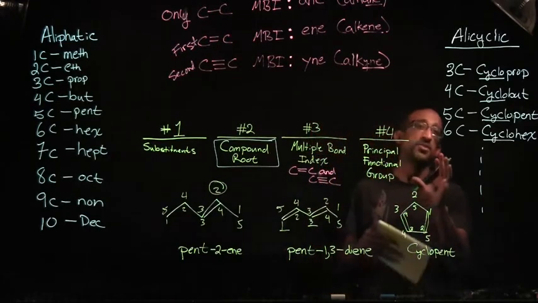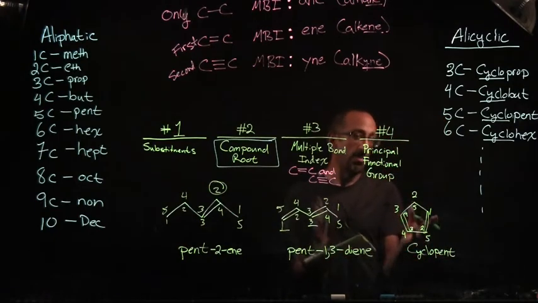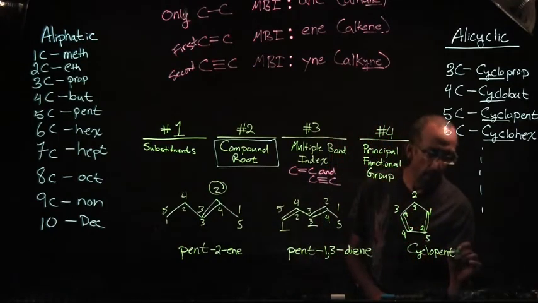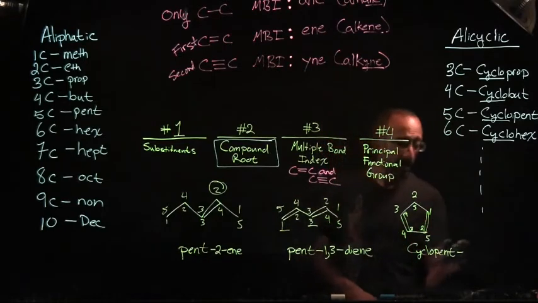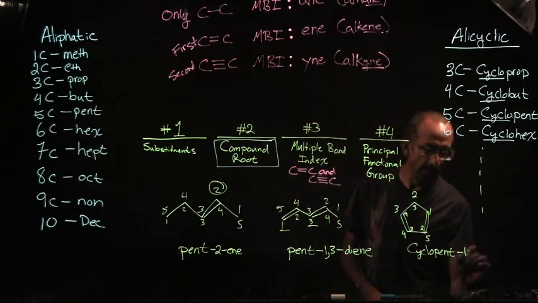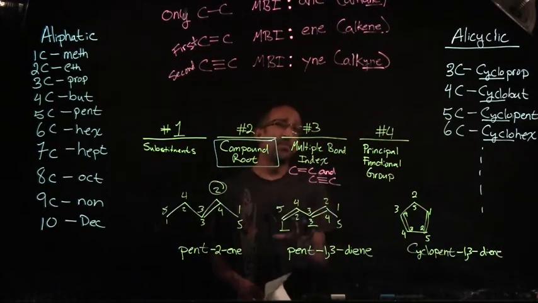This is a unique example where we can get away with it, and it's simplified for us. So don't expect that to be the case always. It happens to work here, but you will encounter it. So this is cyclopent-1,3-diene.